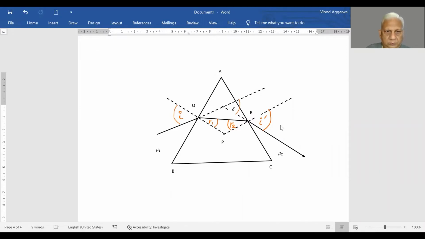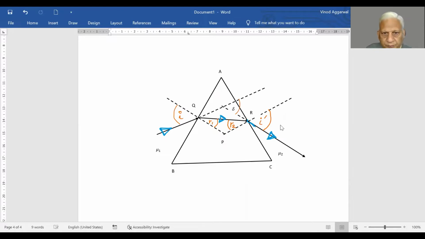Now here, a ray of light strikes here. After refraction, it bends and takes this path. And after coming out of this face, it refracts again into a rarer medium. So it takes this path.